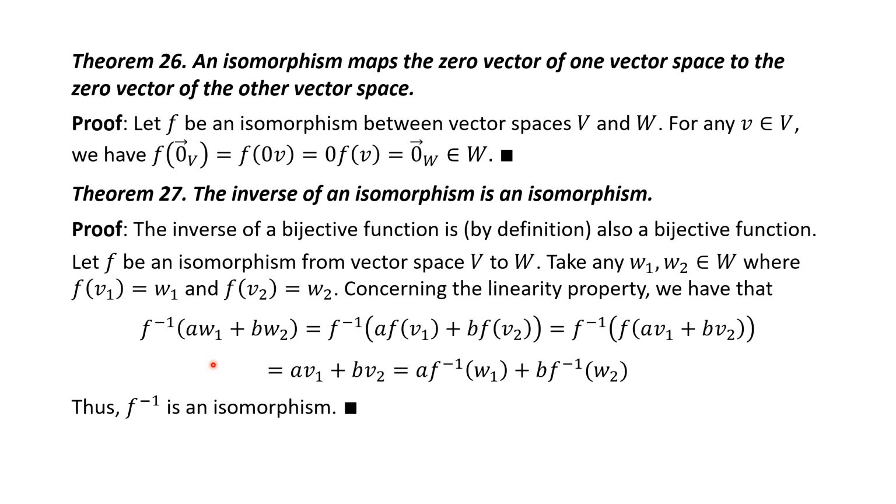And then v1 is equal to, if you just take the F inverse on both sides of this, F inverse of w sub 1, and the same thing here. And that's what we wanted to prove. So the inverse of an isomorphism is also an isomorphism.